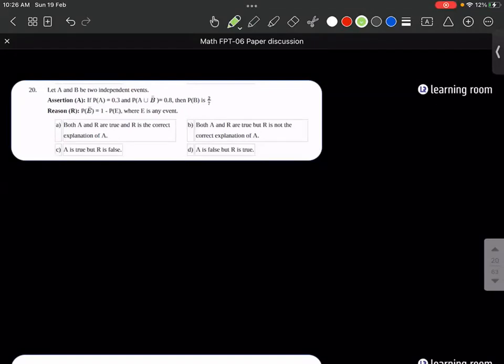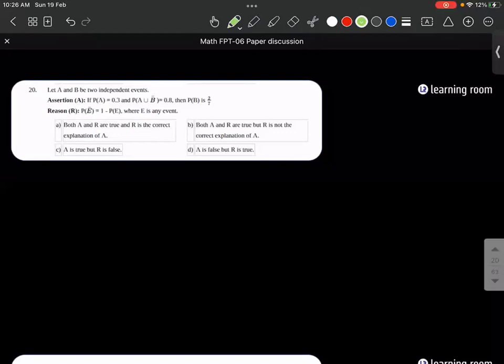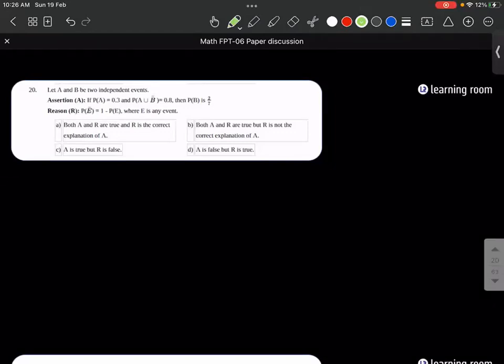Let A and B be two independent events. Probability of A is 0.3, probability of A union B dash is equal to 0.8, and probability of B is 2 by 7. What is the answer? Is that right? So probability of A union B dash is equal to probability of A plus probability of B dash minus probability of A into probability of B dash, because you get A intersection B dash. But since they are independent, I wrote A into B dash. So what is the value of probability of A union B dash?